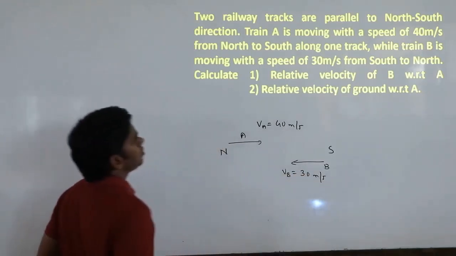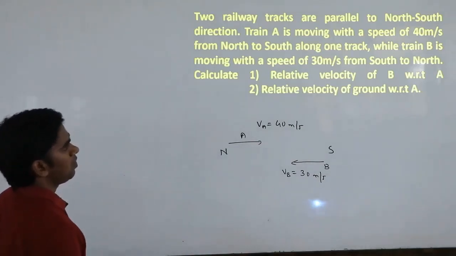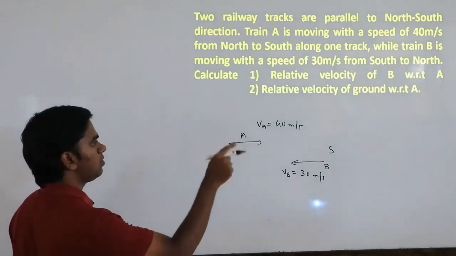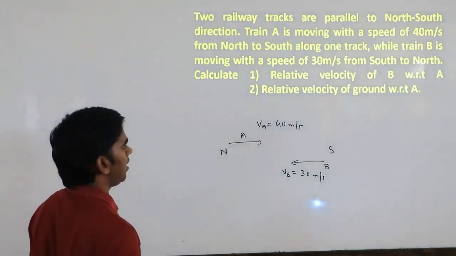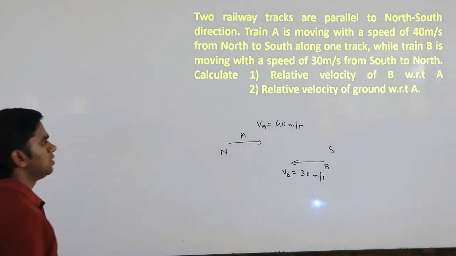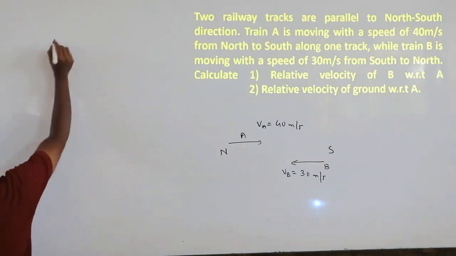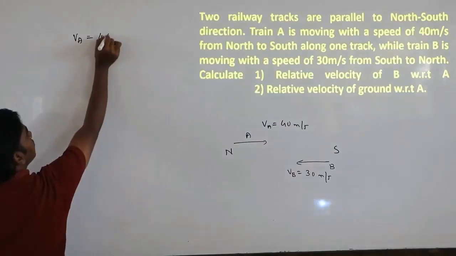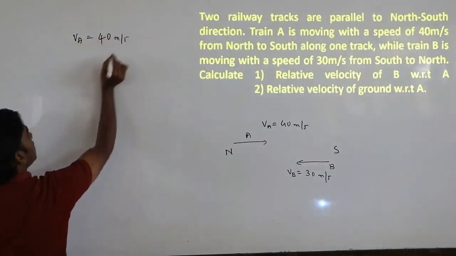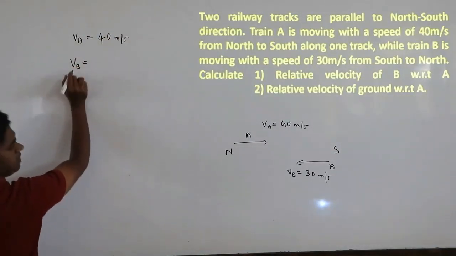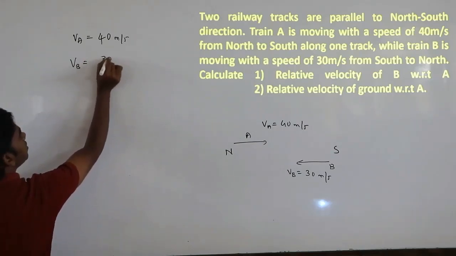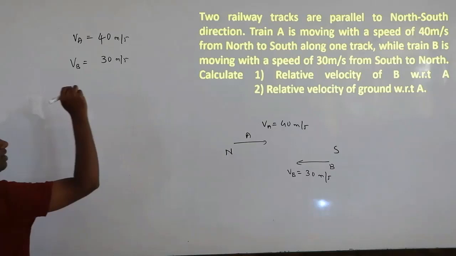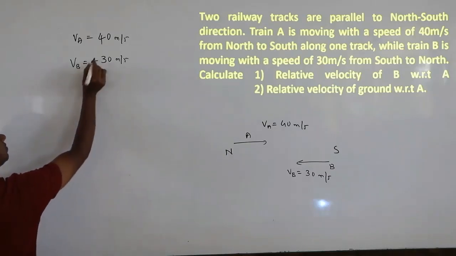So what we are asking: relative velocity of B with respect to A, and relative velocity of ground with respect to A. First, write the velocity of A. Velocity of A is 40 meters per second. Velocity of B is 30 meters per second, but I will take it as negative.